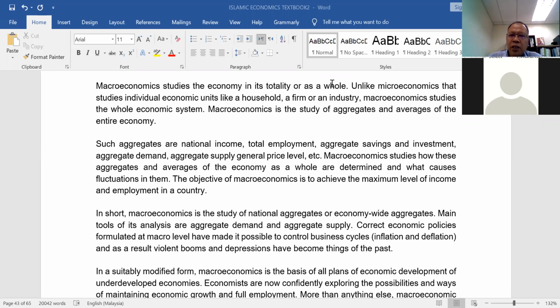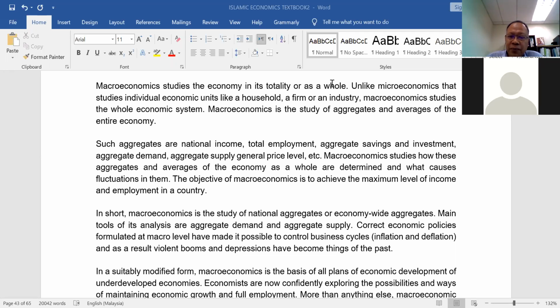Okay, unemployment is high. Some businesses have to be shut down, or some businesses have to be curtailed, have to be scaled down.